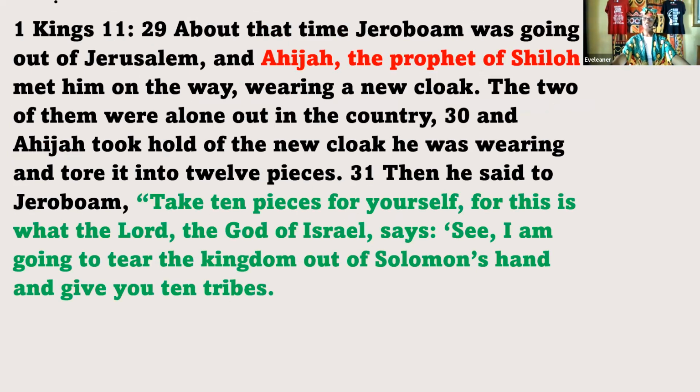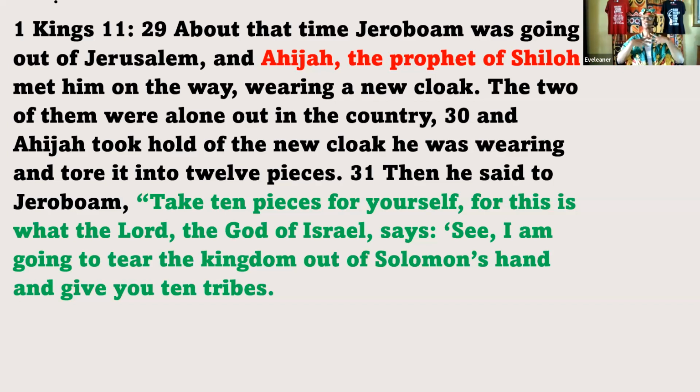About that time, Jeroboam was going out of Jerusalem, and Ahijah, the prophet of Shiloh, met him on the way wearing a new cloak. The 2 of them were alone out in the country, and Ahijah took hold of the new cloak he was wearing, and he tore it into 12 pieces.